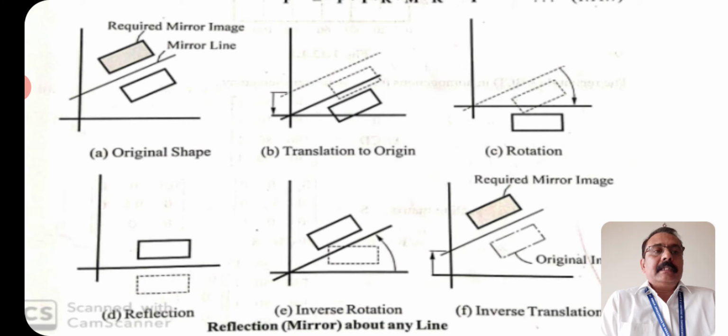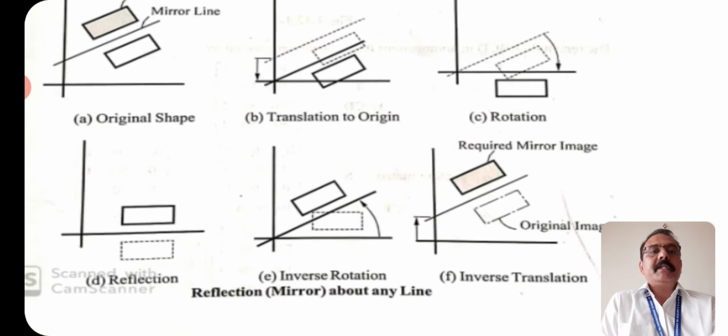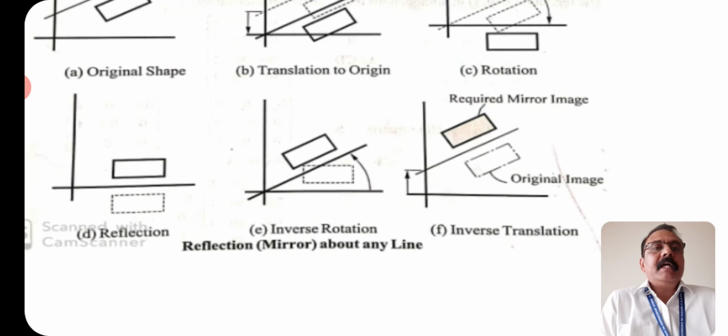Now here our aim is only to reflect the object. Here we perform two additional operations, that is rotation and translation. Therefore we need to undo the effect of this rotation and translation. Therefore step number 4 is to apply inverse rotation, which is shown in figure E, and the last one is inverse translation.